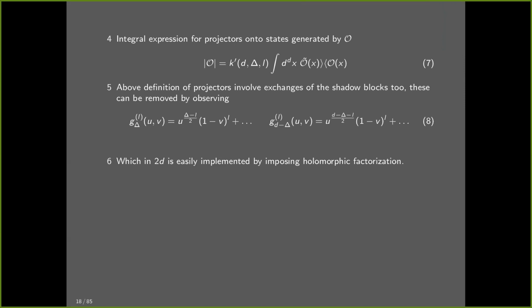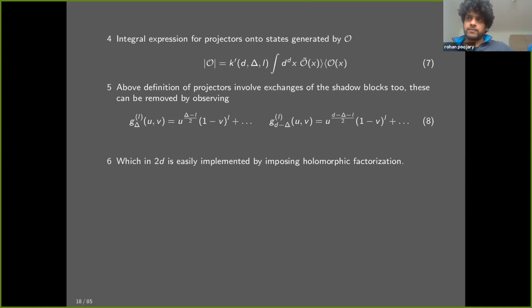Yeah, I didn't understand the connection between the shadow operators and conformal blocks. Like what was equation 7? The left hand side of 7 can be used as a projector for states which are propagating, which are generated by O and O tilde.